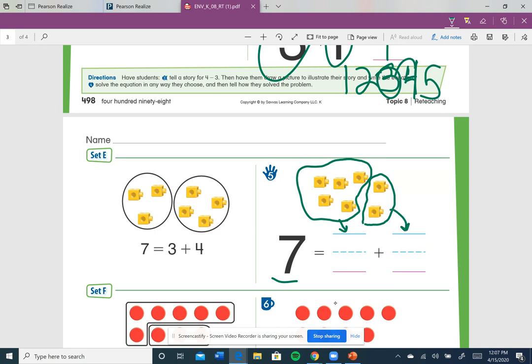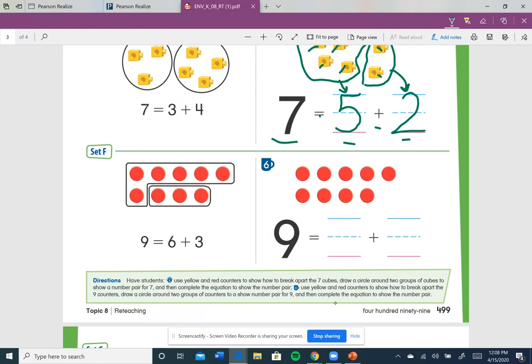Second group is going to go there. First group is 1, 2, 3, 4, 5. Remember, we need 2 groups because there's 2 sky dashes in grass. And then 2 here. 7 equals 5 plus 2.